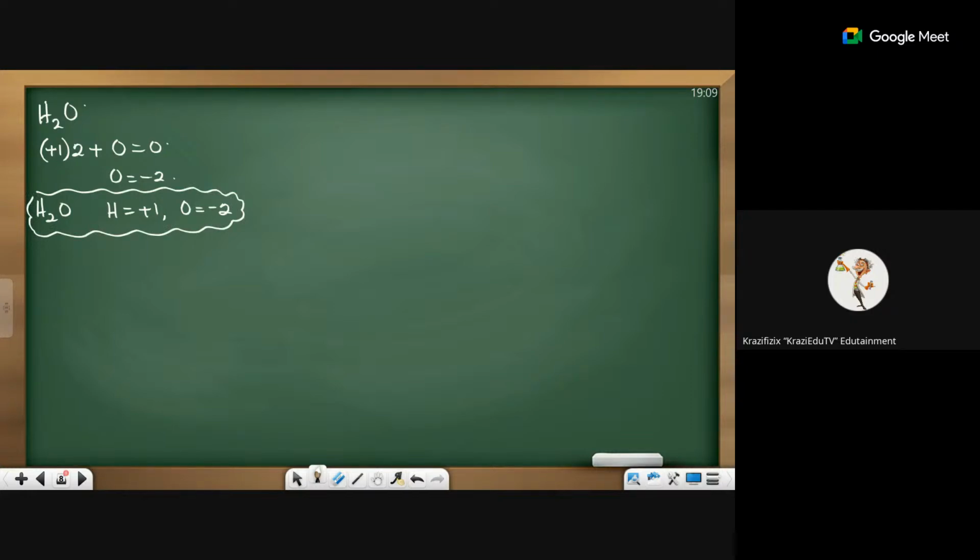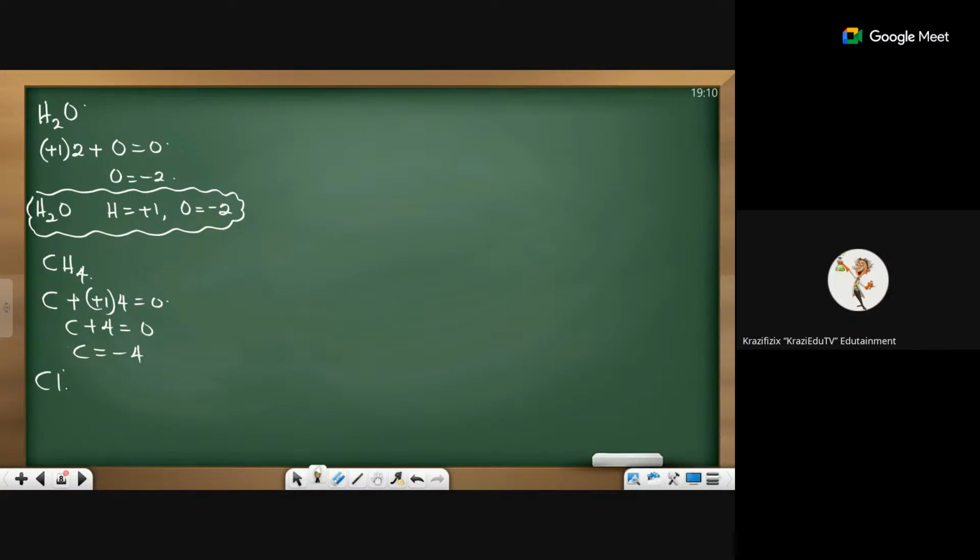What about methane, CH4? What's going to happen? Hydrogen in this case will be +1 as well. All right. So carbon plus 1 times 4 equals 0.